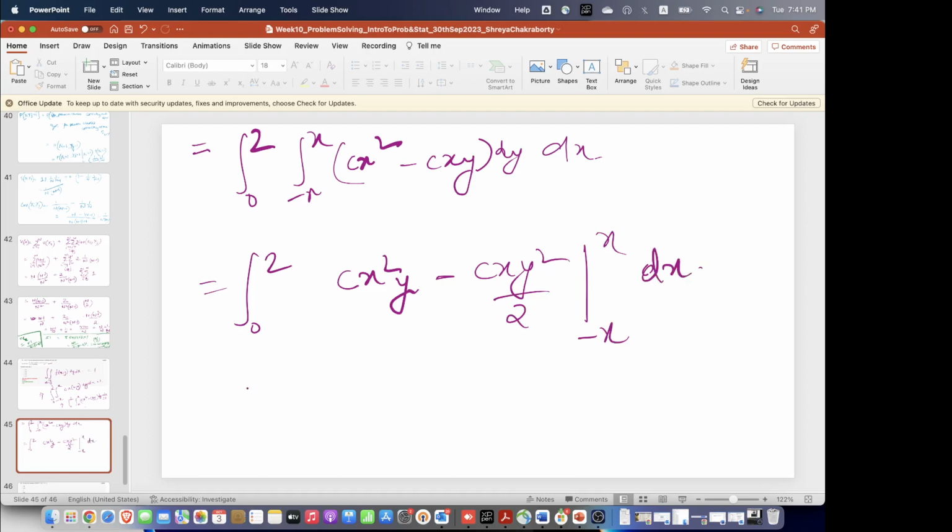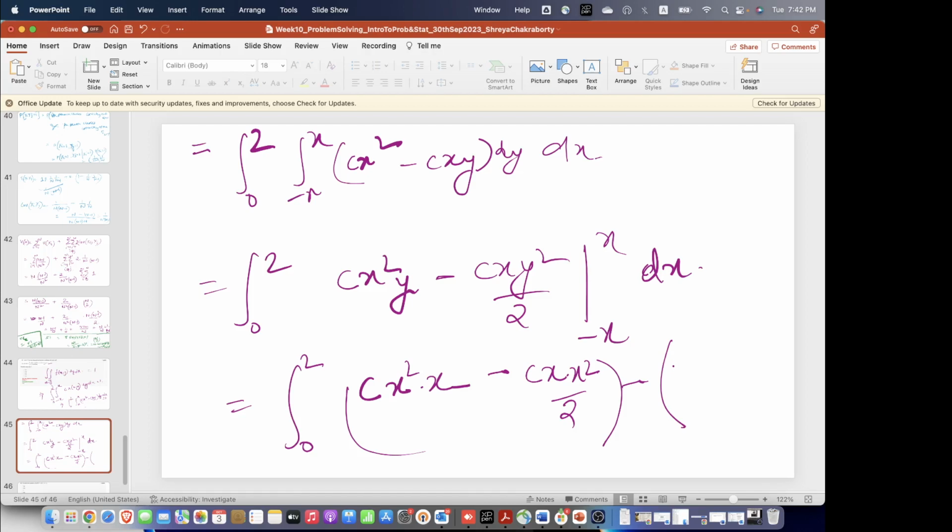Then this would be c x square into x minus c x into x square by 2, minus of minus c x cube minus of minus, plus. The minus of this will be minus only, because it is getting squared: minus x whole square will be x square by 2.